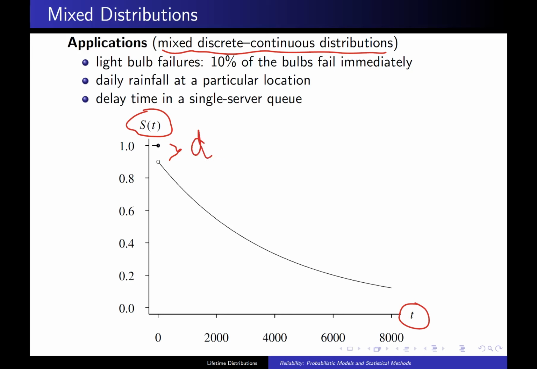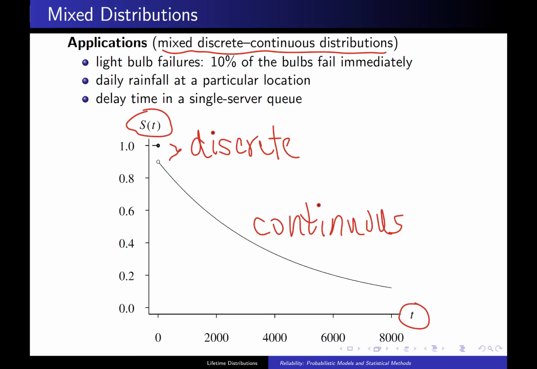So that is the discrete portion, and then the continuous portion is the rest of it. To give you a reliability example, if you have light bulbs which are not very reliable, in that 10% of them fail immediately, that corresponds to this jump here from 1 to 0.9.